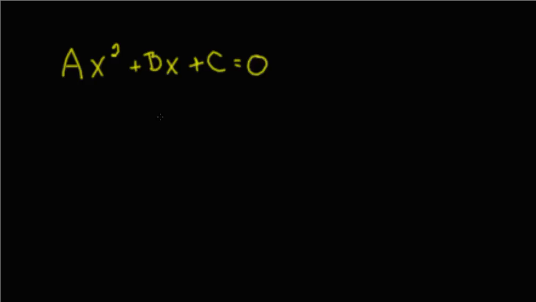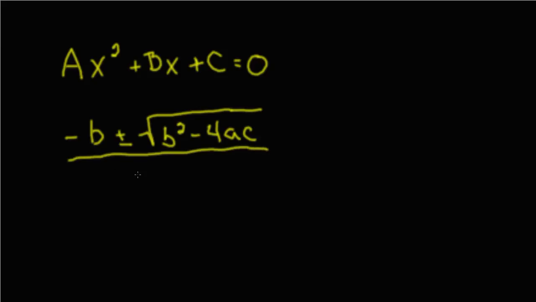make this equation true. And the quadratic formula is, and I'll use lowercase because that's what usually is used, the opposite of b, negative b, plus or minus the square root of b squared minus 4 times a times c, and all of that divided by 2 times a.